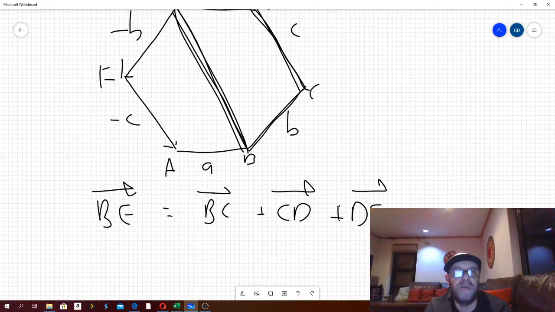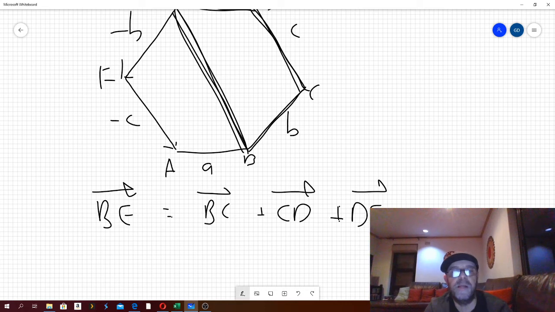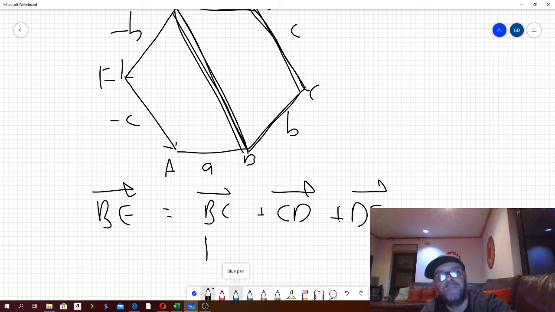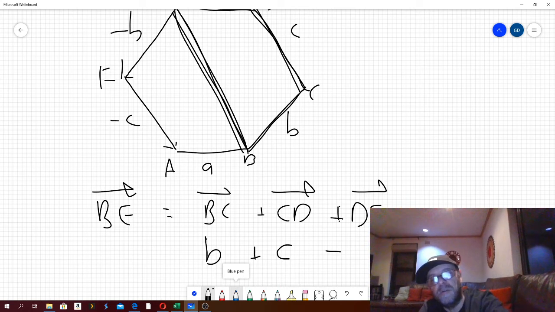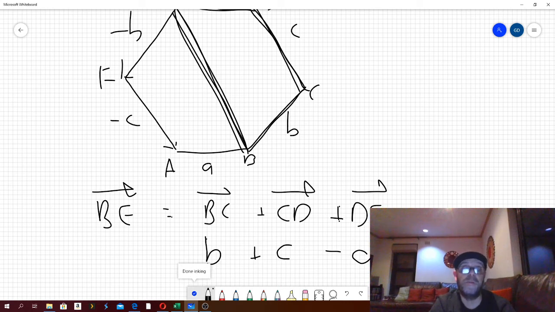I'm going to replace B to C with simply the vector B, and C to D with the vector C, and lastly D to E, which was minus A.